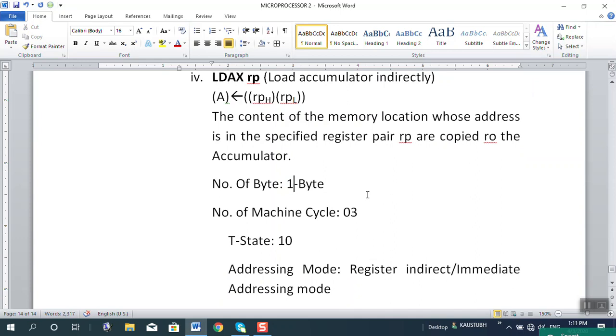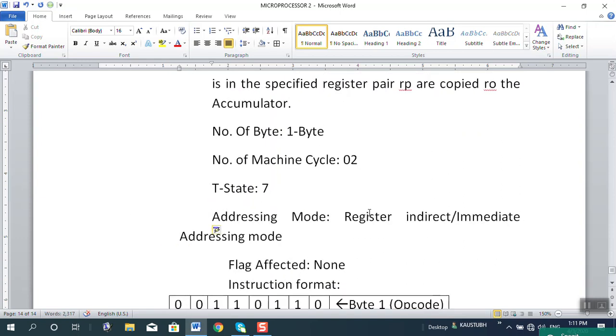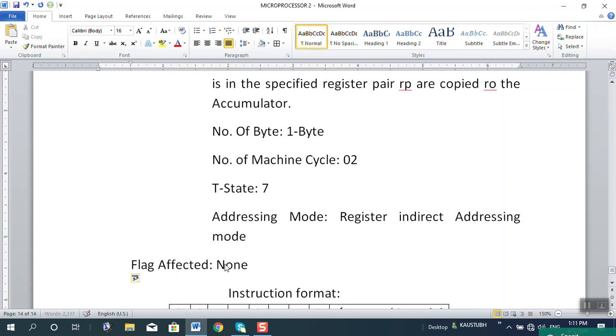The machine cycle here is 2, the T-states here are 7, the addressing mode here is register indirect addressing mode, and flags affected: none.